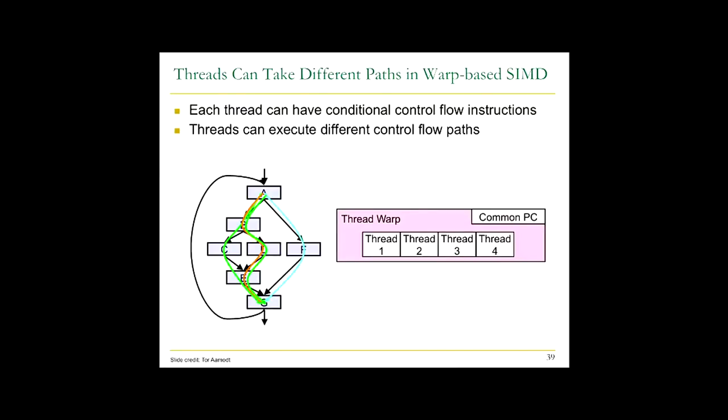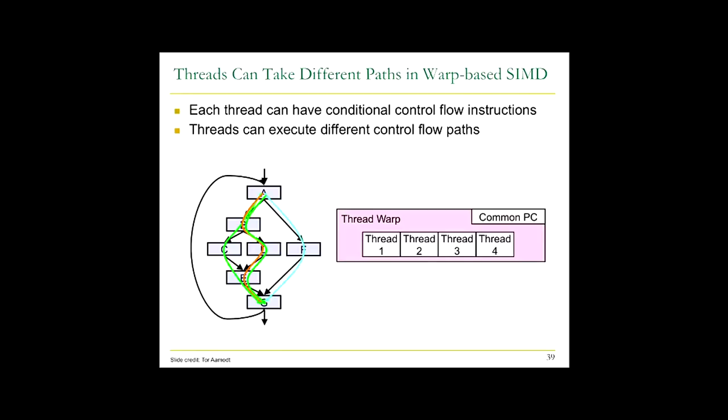These threads will start executing, and after we execute this instruction A in this warp, we will figure out that the next program counter of the first 3 threads should be B, and the next thread should be F. Now the beauty is gone, right?